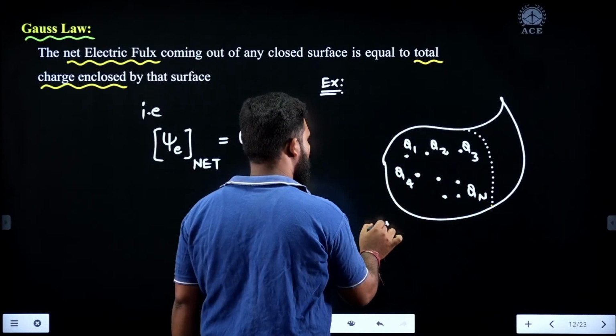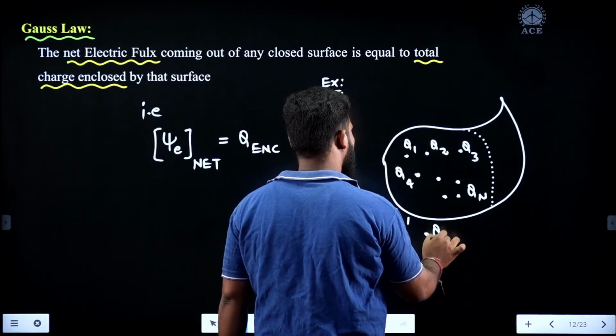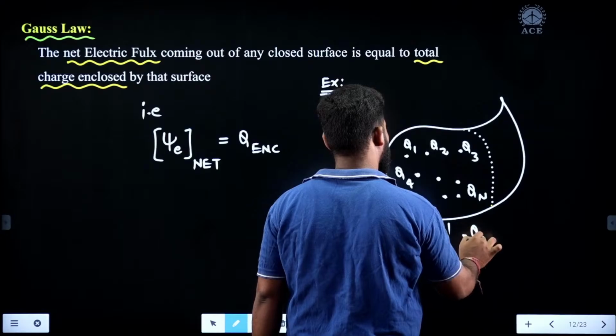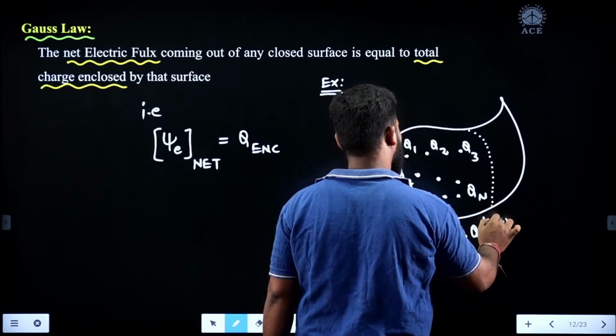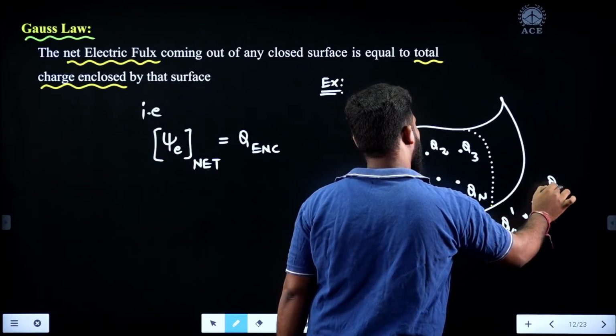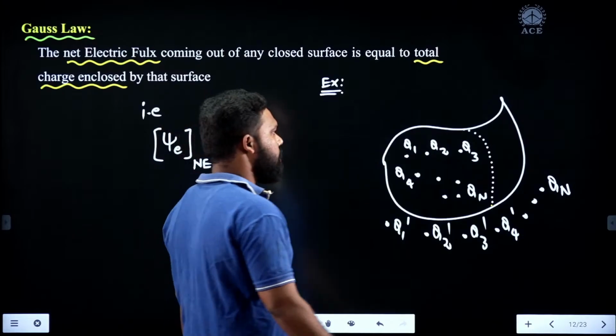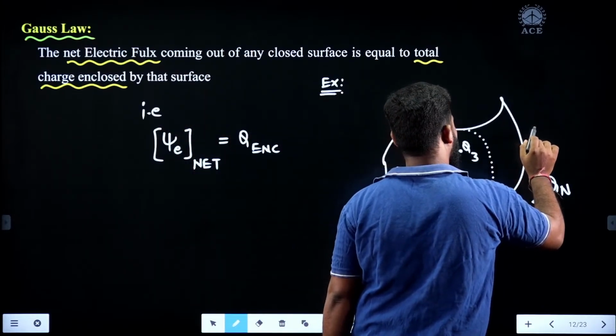And outside this one there are charges. What are they? Q1 dash, Q2 dash, Q3 dash, Q4 dash, and so on up to Qn dash. Clear? Let us take this as the S0 surface.